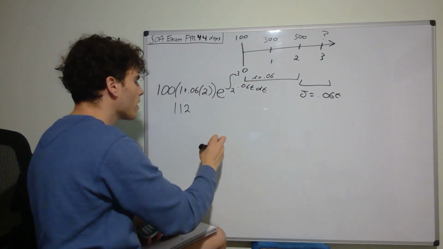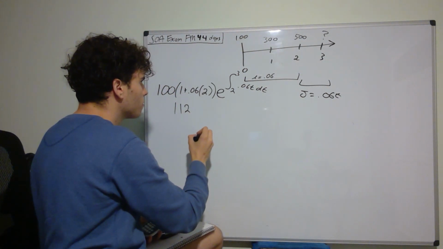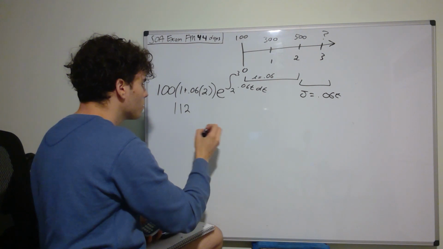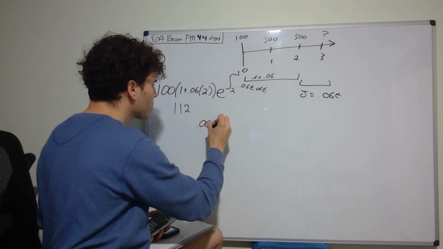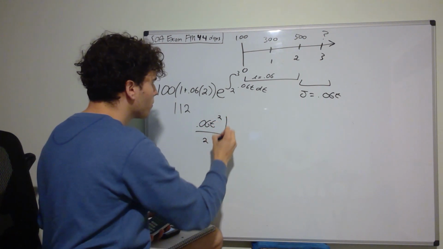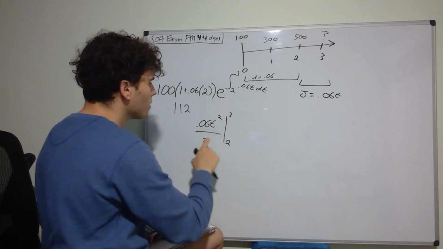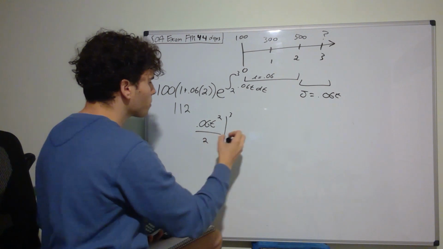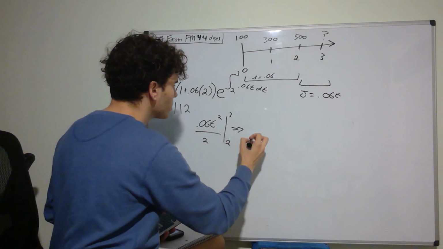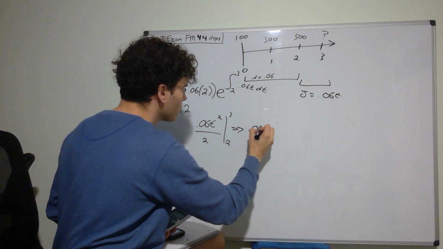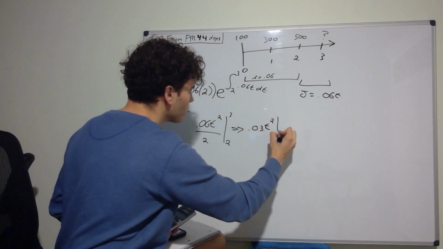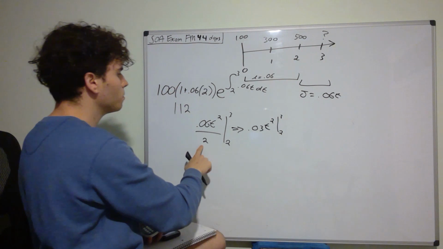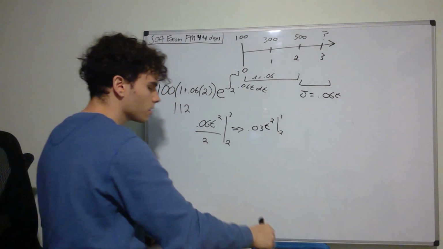If we do the basic integral, that becomes 0.06t squared all over 2, evaluated from 2 to 3. This can change into 0.03t squared from 2 to 3, because 2 can divide into 0.06.